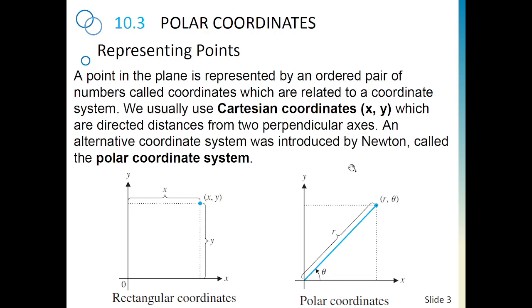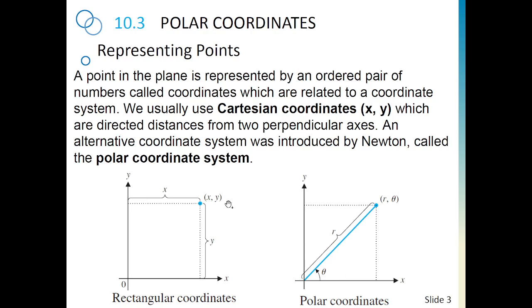Again, the point in this system will be located with two coordinates, but this time the first coordinate is r, which is the distance between the point and the origin. The origin is also called the pole. And the second coordinate is the angle that the ray from the origin to the point makes with the x-axis, so the usual angle here.